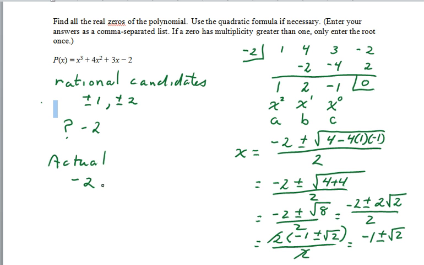So the other two irrational zeros are -1 plus or minus the square root of 2. These are all real zeros. They all result in an x-intercept for the graph.